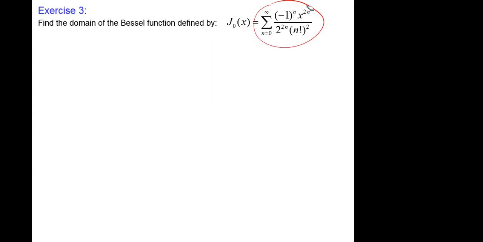But the question that I ask is: find the domain, which of course means exactly the same. Looking at the definition, it is a power series, so domain means interval of convergence. We know that.